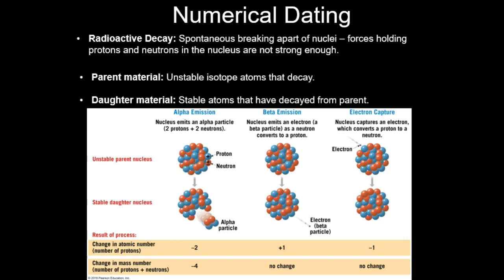The second type of decay is going to be beta emission. Here, a beta particle, which is also just an electron, is emitted from the nucleus when a neutron decays to produce 1 electron and 1 proton. So neutrons are kind of weird.